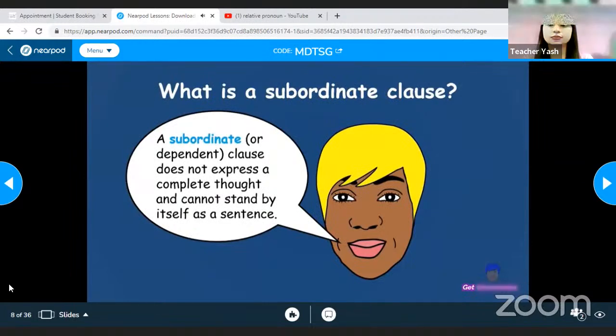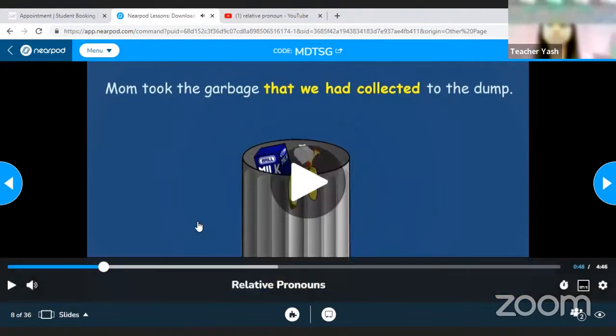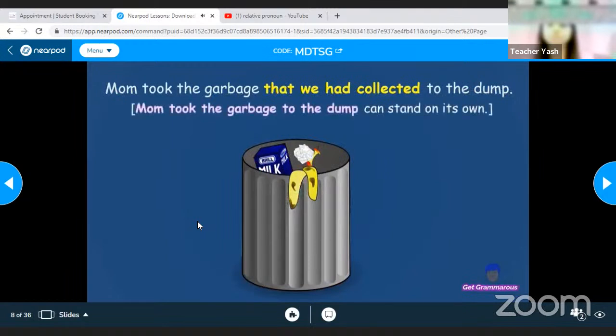A subordinate or dependent clause does not express a complete thought and cannot stand by itself as a sentence. For example, Mom took the garbage that we had collected to the dump. That we had collected is the subordinate clause in this sentence. Mom took the garbage to the dump can stand on its own, but that we had collected cannot stand by itself as a sentence.